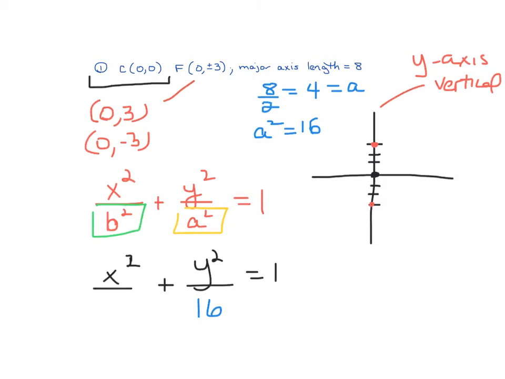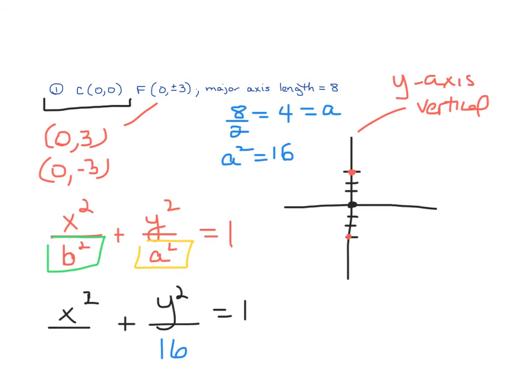Now, I can put in my vertices. If I already know that the major axis needs to be a length of 8, then I could count and make sure that I have 8 separations. Right now I have 1, 2, 3, 4, 5, 6. So I could draw in my vertices if I wanted to.